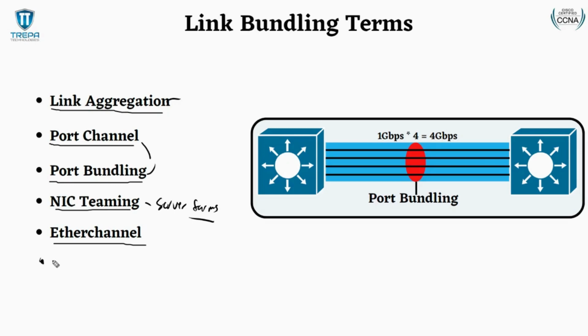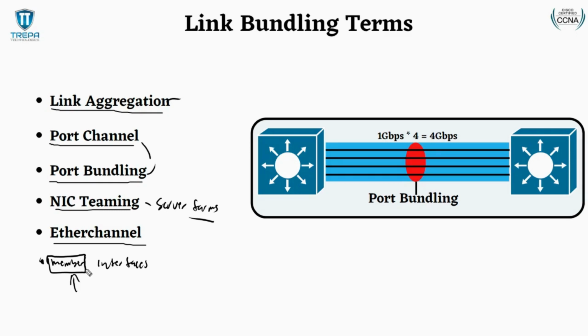And then another term I want you to know is member interfaces. It's Etherchannel vocabulary that describes the physical interfaces that bundle to become that Etherchannel. We call those member ports or member interfaces. The reason I'm using the exact vocabulary is because on the exam, I want you to understand what these words mean.